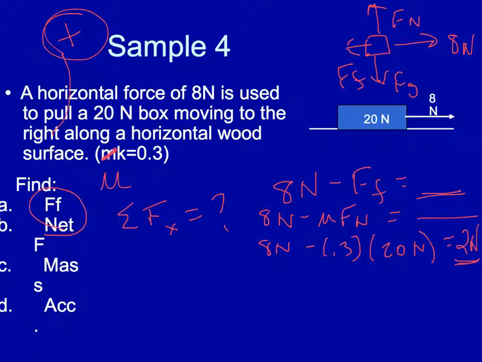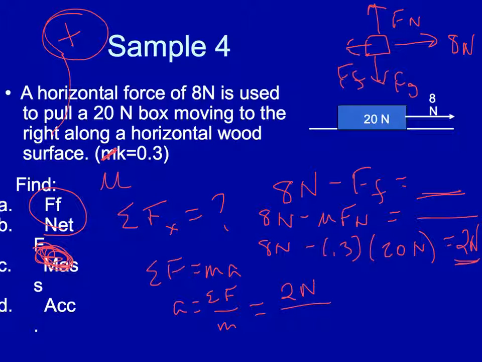Okay, the other thing I'm going to want to get now is the acceleration of the object. Sum of the F's is equal to m times a, so therefore a is equal to the sum of the F's over m. The sum of the forces is the 2 newtons we had before, divided by the mass.